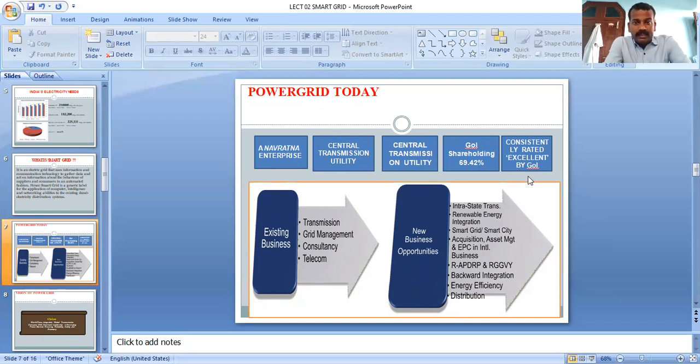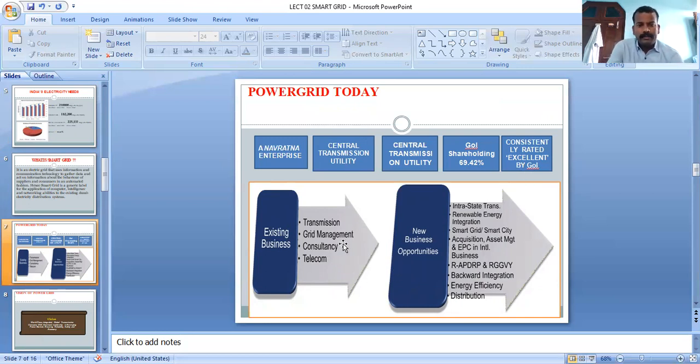Consistently rated excellent by the government of India. This is a very excellent central utility, and this rating is given by the government of India.